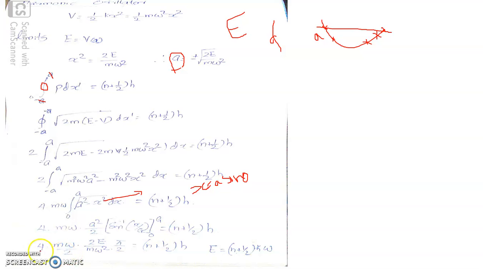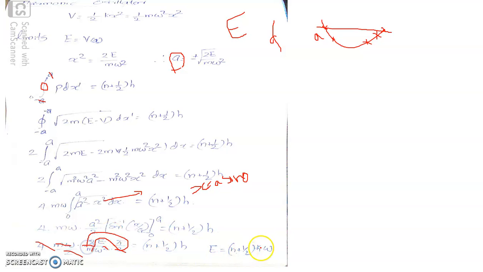Now 2 into 2 vanishes with this 4. m omega vanishes with this m and omega square. Take 2 pi to the right side. E is retained on the left side. Take omega to the right side to make the expression for the evaluated energy: E is equal to n plus half h divided by 2 pi.